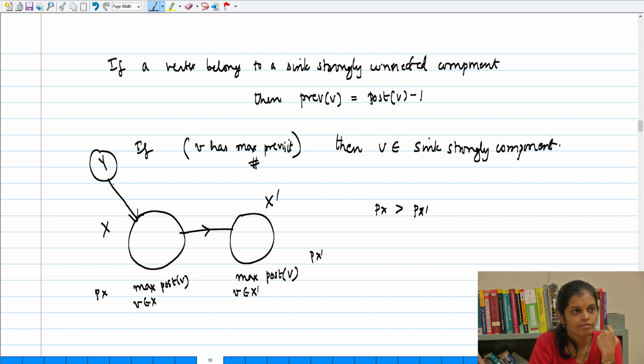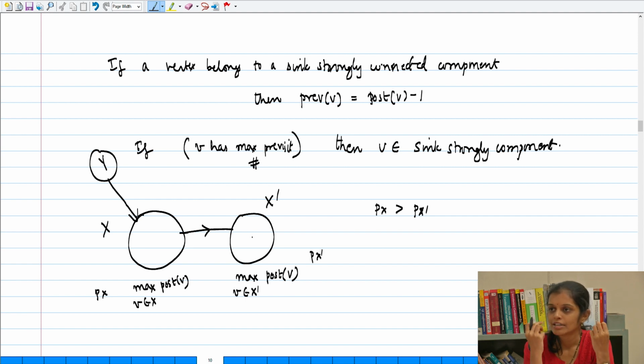But then you know that y will have a max post visit number which is larger than the max post visit number of x, which will in turn be larger than the max post visit number of x prime. You can keep going like this, but you already know that there must be a source strongly connected component, in fact multiple source strongly connected components. So now what can you do? We simply look at the post visit numbers of all the vertices. We pick up the vertex which has the max post visit number.